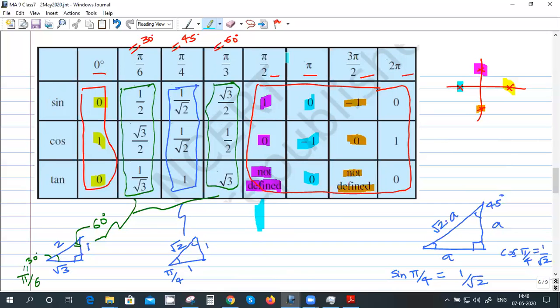Next is pi, and that is the blue point here. Again, check the values 0, -1, and 0.